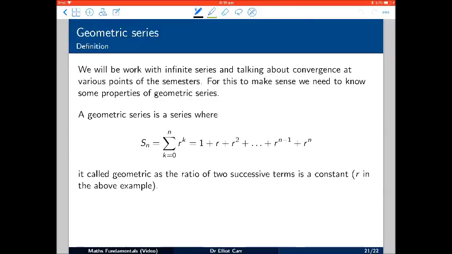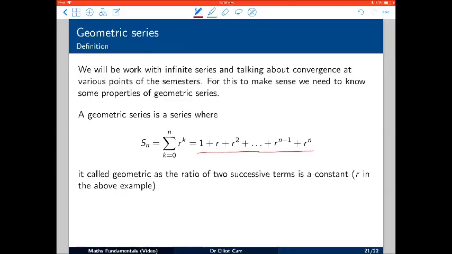Okay, so the geometric series is basically a series where the ratio of two consecutive terms is constant. For this particular series, the ratio of each term to its previous term is r. So I have 1, the second term is r, so r divided by 1 is r.